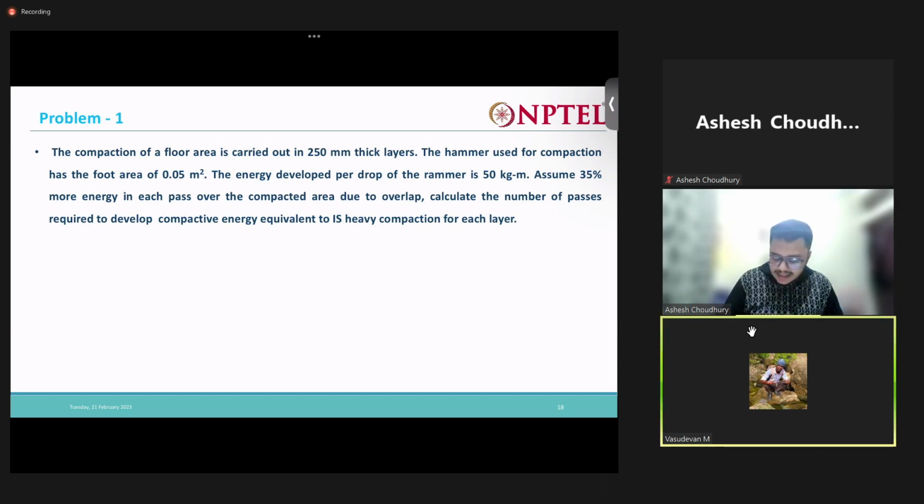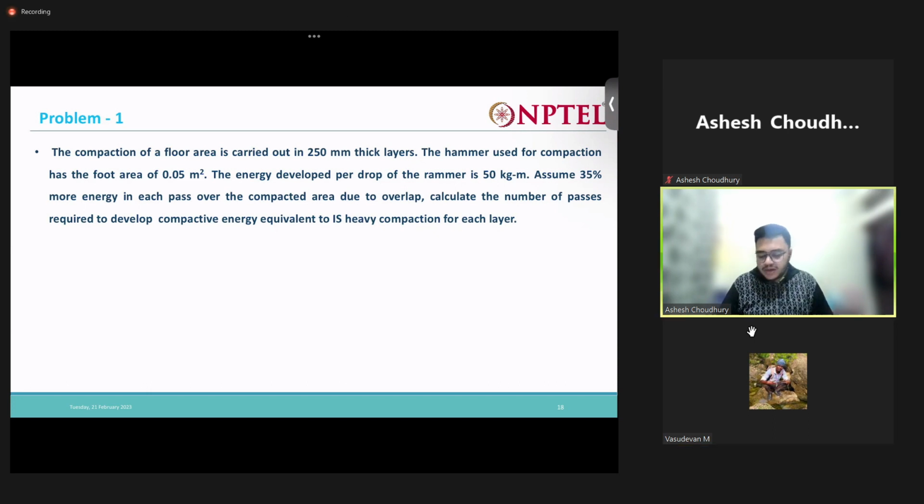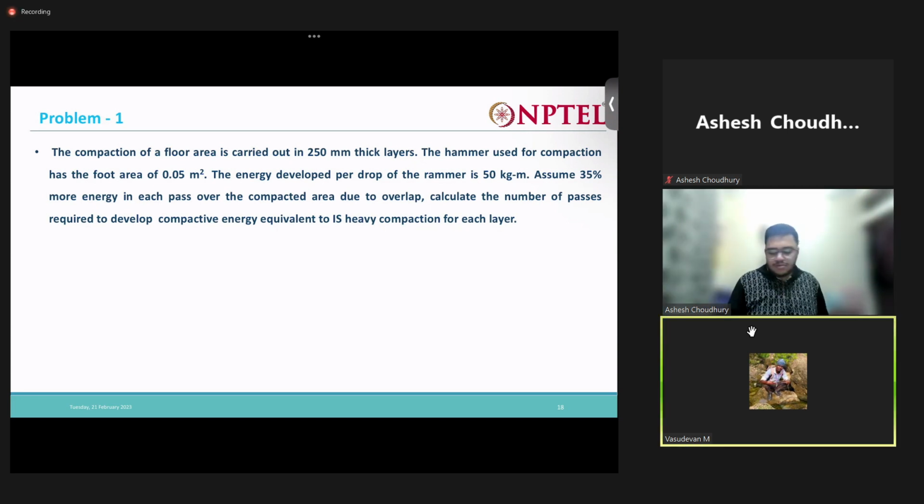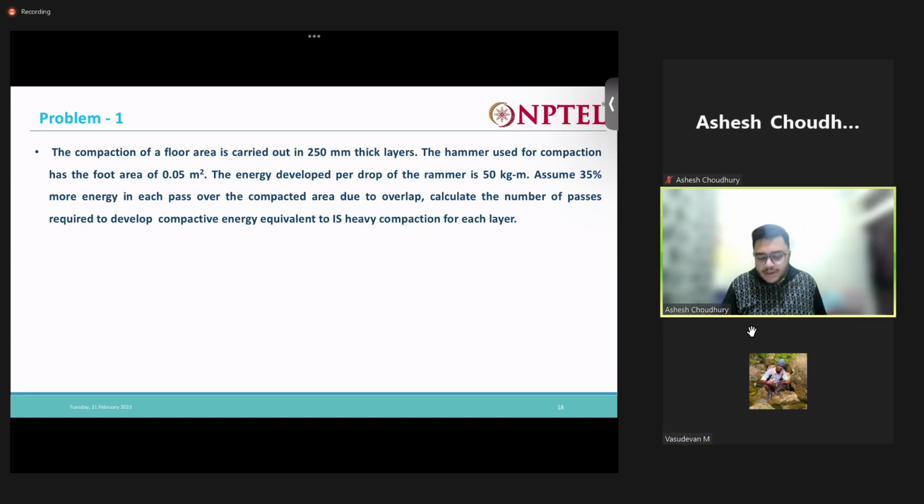The first problem says that the compaction of a floor area is carried out in 250 mm thick layers. So the thickness of each layer is 250 mm. The hammer used for compaction has a foot area of 0.05 meter square. Some hammer has been used like this.